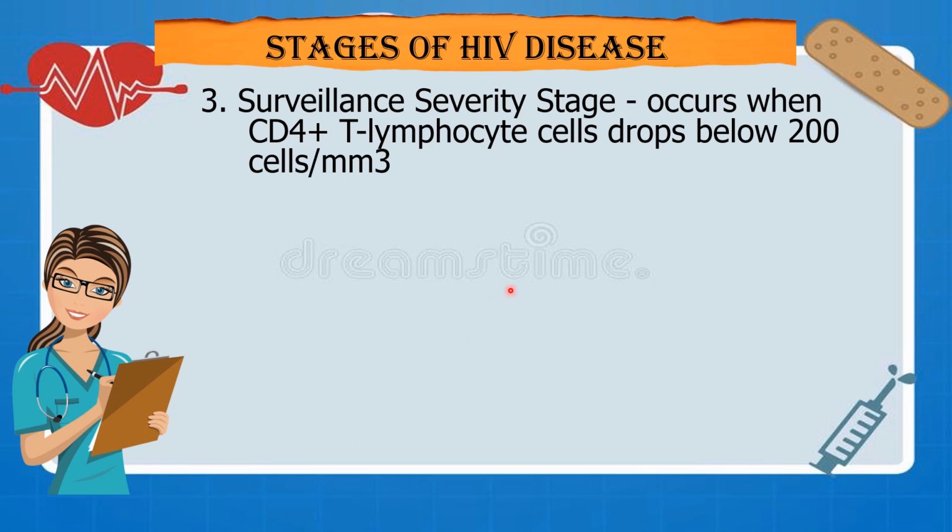So stage 3 is known as the surveillance severity stage. This occurs when the CD4 T lymphocyte cells drop below 200 cells per cubic millimeter of blood. And at this point, the person is considered to have AIDS for surveillance of severity stage.